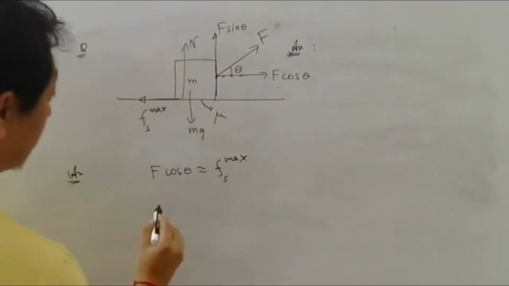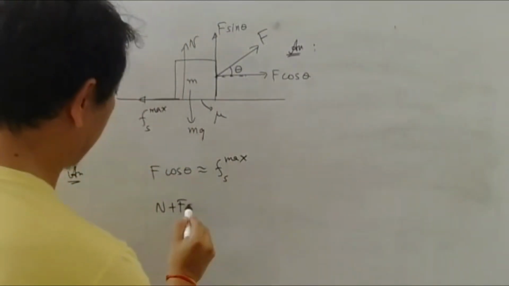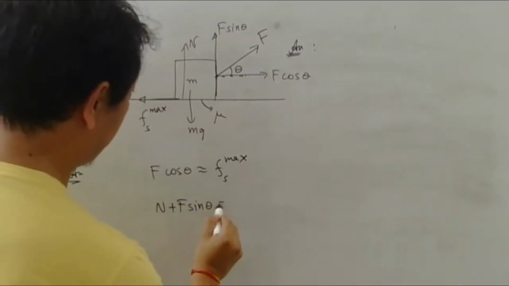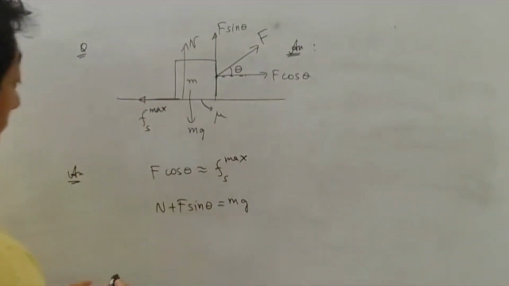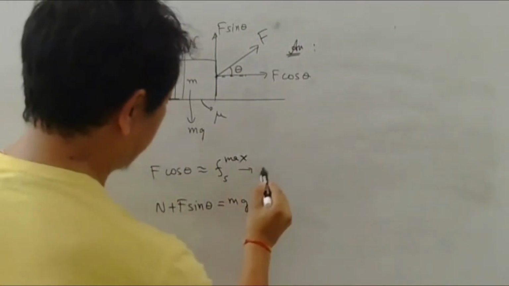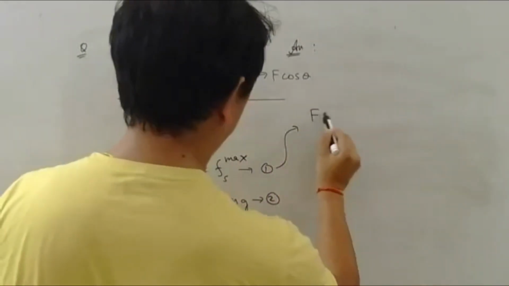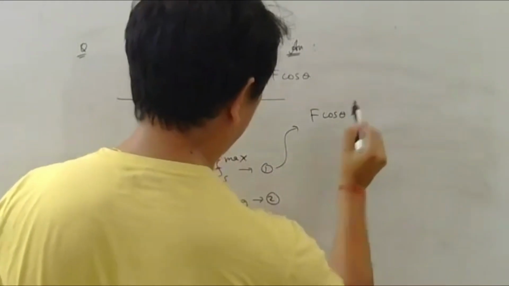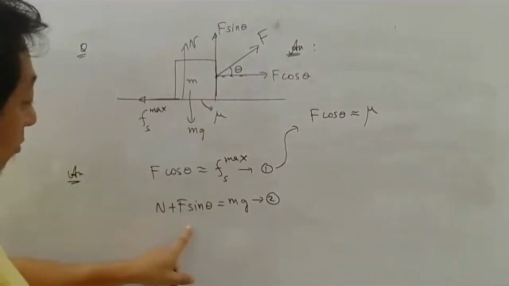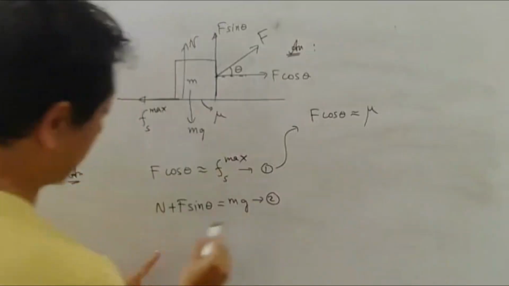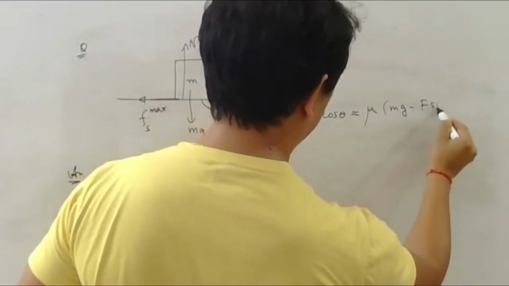And along the y-axis, N plus F sin theta should balance mg. And let us relate these two equations. How to relate? Equation 1 is F cos theta should be equal to Fs max, which is mu into N. N is how much from here? Mg minus F sin theta.